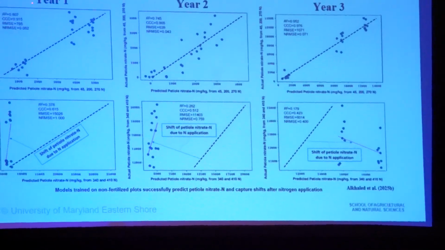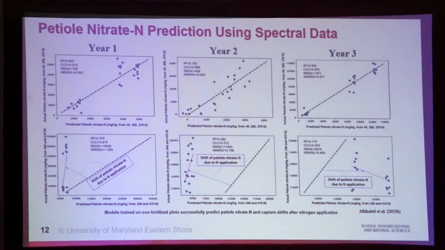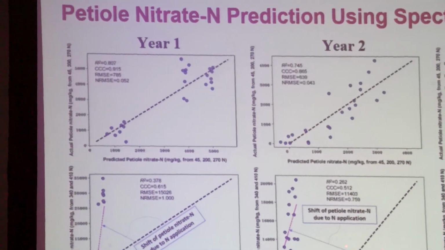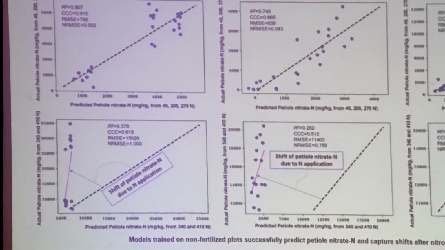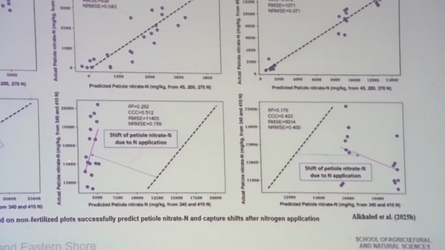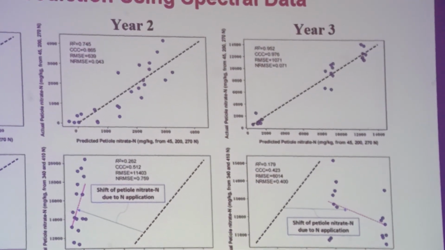So this one moves to how we create the machine learning models based on the different years. As we can see, the top 3 figures are the training models, and the lower one is the validation. We train on the non-fertilized plots, then validate on the fertilized. What we can see here is the rate shifting.